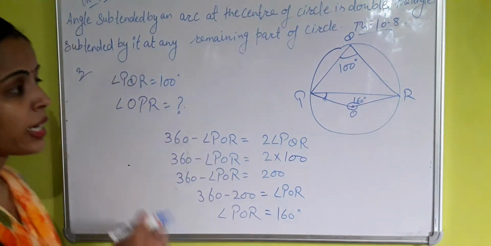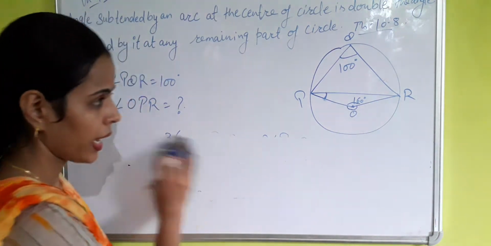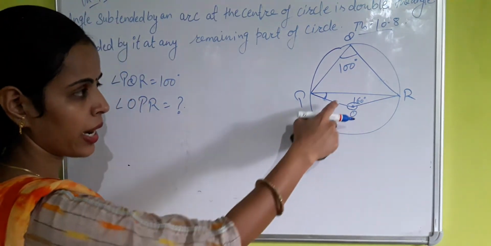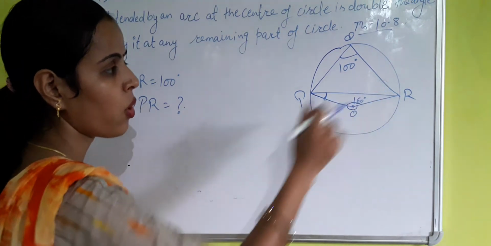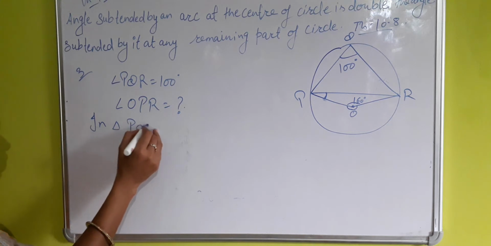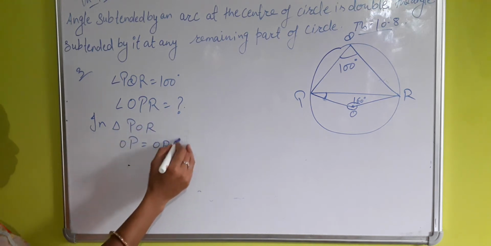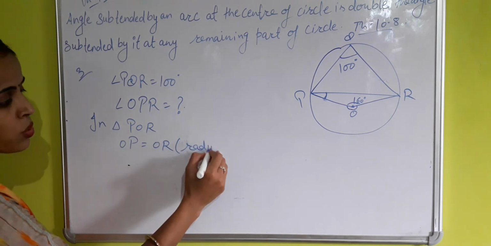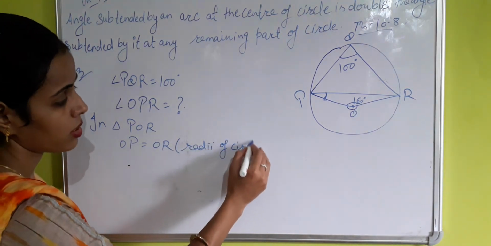But we have to find the value of this angle OPR. Angle POR is 160 degrees. Now in triangle POR, OP equals OR. These two sides are equal by radii of a circle.